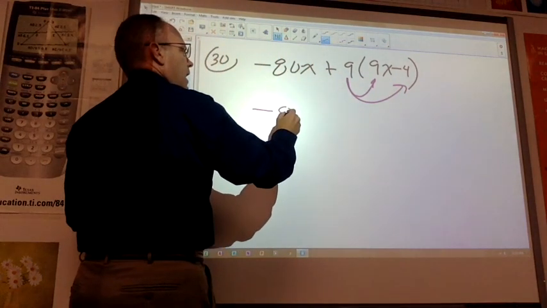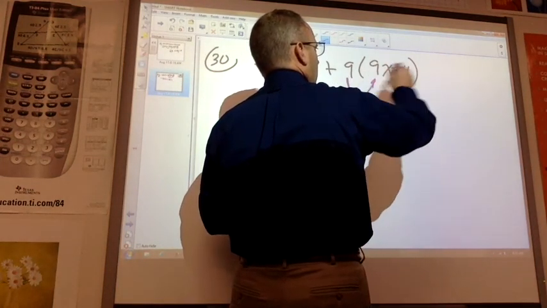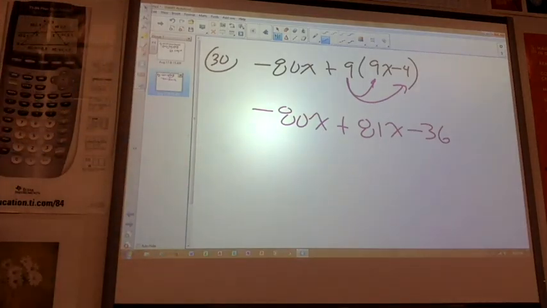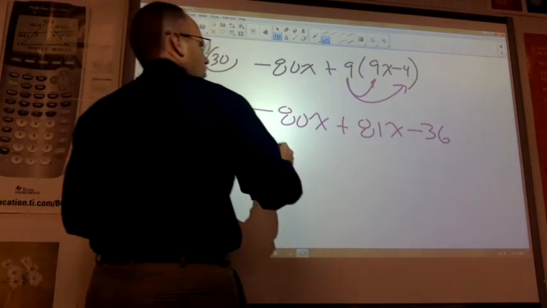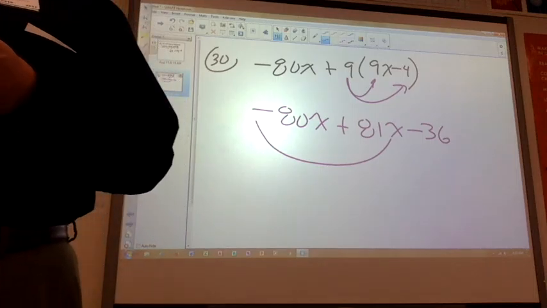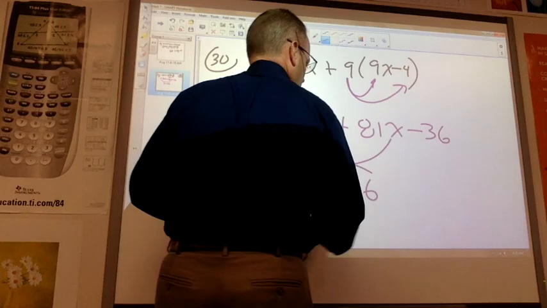The negative 80x comes down for the ride, plus 81x, and then minus 36. Did I do that right? Notice the 9 times 9x is 81x, and then 9 times negative 4 is negative 36. My like terms are the x's, so if I combine those together, I get 1x, and 1x is the same thing as x, okay? So x minus 36 is my answer.